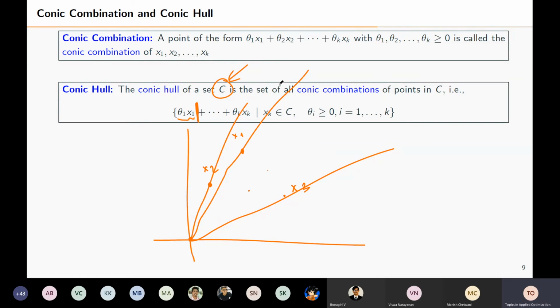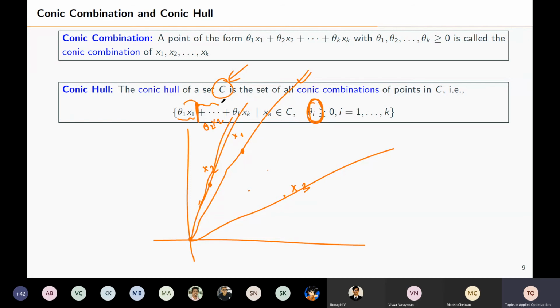That means the line passing through x1 must be there, so the whole line will be there. If I take x2 and just take the term theta 2 x2, then the line passing through it, starting from the origin, because theta is greater than or equal to 0, the whole line will be there. Similarly for the others.